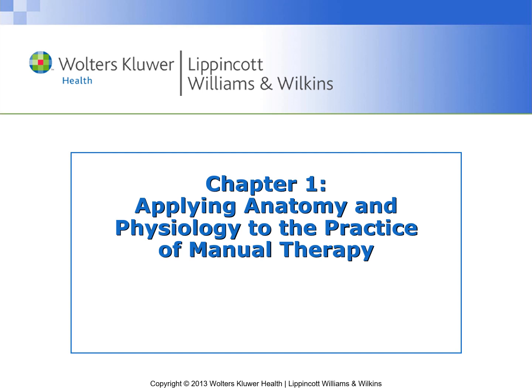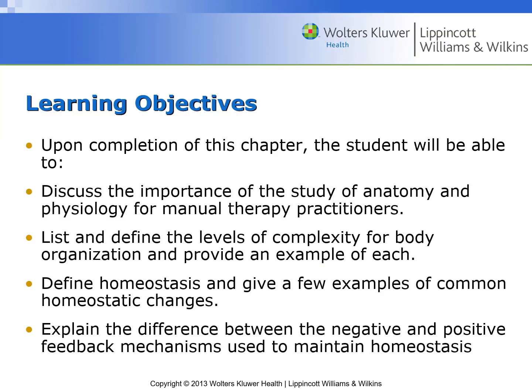So today in the Archer and Nelson textbook, we will be looking at Chapter 1, Applying Anatomy and Physiology to the Practice of Manual Therapy. The learning objectives for today's lecture are: upon completion of this chapter, the student will be able to discuss the importance of the study of anatomy and physiology for manual therapy practitioners.